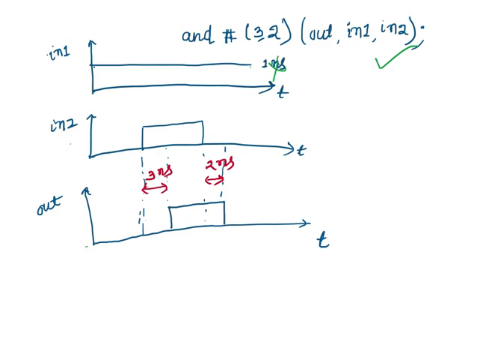So this is a rise time delay, right? Rise time delay, and this is a fall time delay. So after 3 nanosecond, after this 3 nanosecond, you can see the transition at the output. Okay, so it is a 0 to 1 transition because this is an AND gate, right? So 1 into 1 equals 1. Okay, so after 3 nanosecond. And what is the fall time delay? Fall time is a 1 to 0 transition.